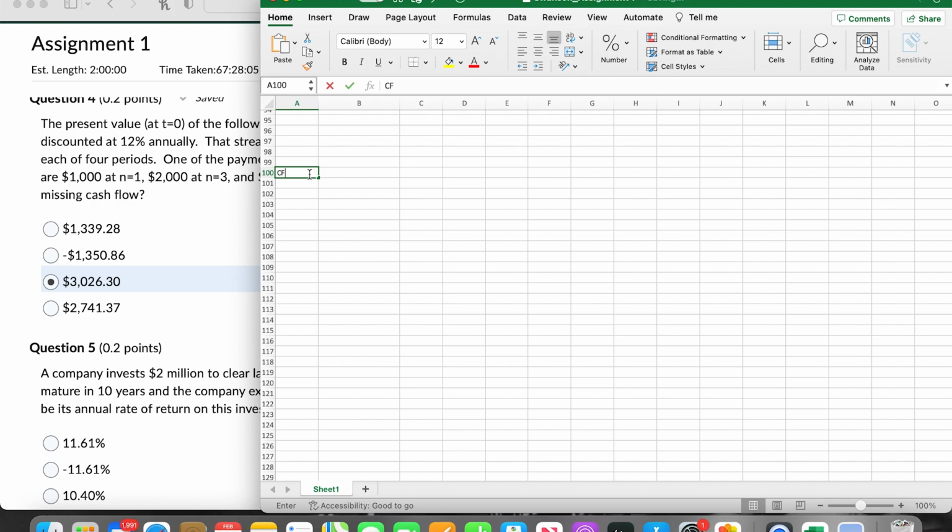So we're going to set up a nice little chart with the cash flow, rate, and initial value, and we're going to go 0, 1, 2, 3, and 4. We're going to throw in 12% as our rate. That was $1,000 at 1, and then $2,000 at N3 and N4.